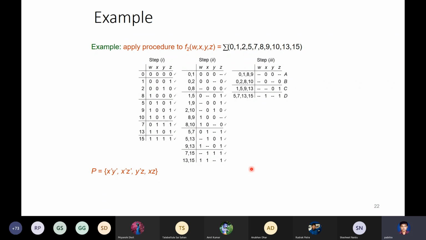What are prime implicants and why are these prime implicants? Do you know what is a prime implicant? Can anybody tell what is a prime implicant? In terms of Carnot map, maybe.